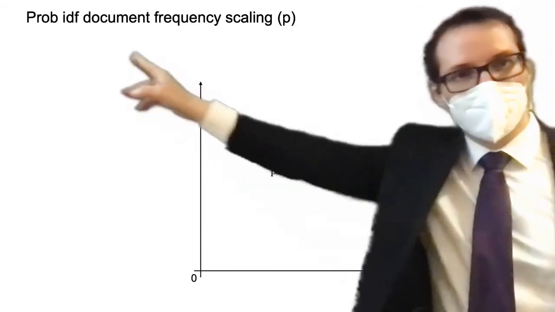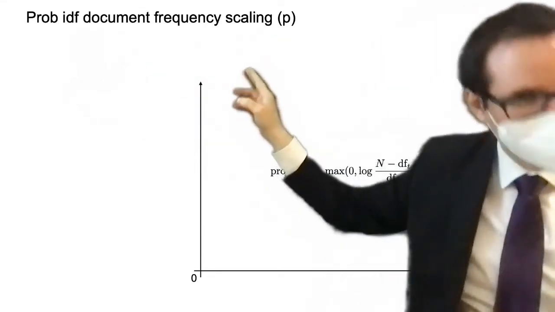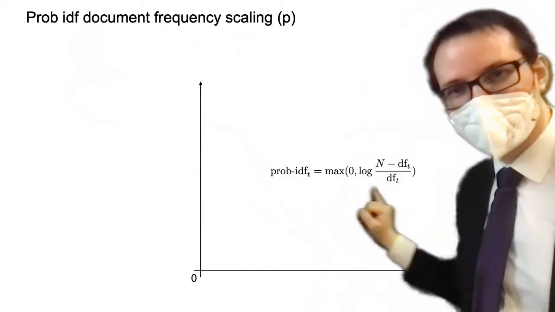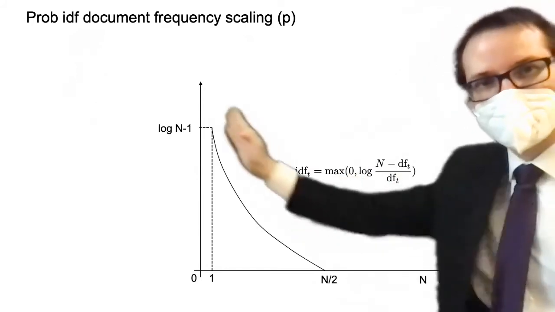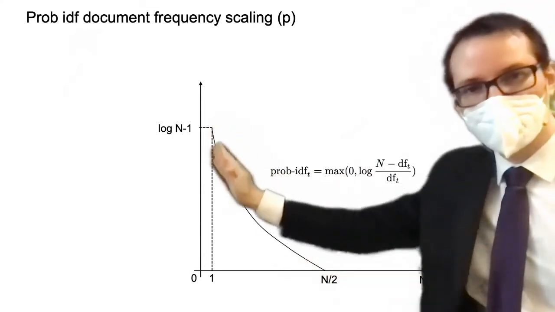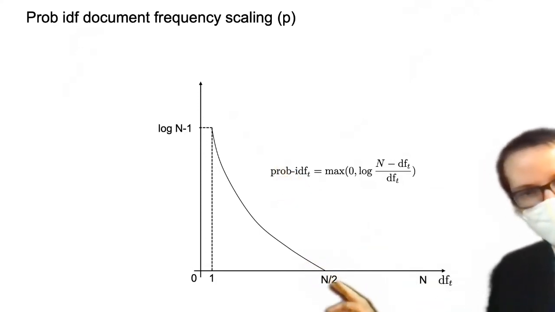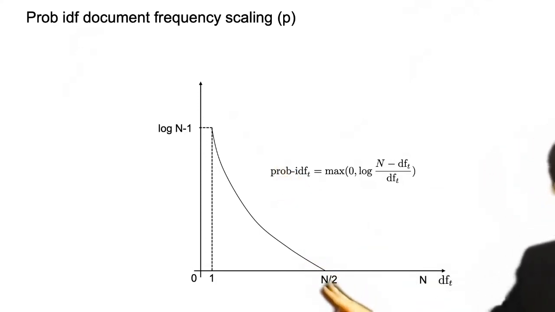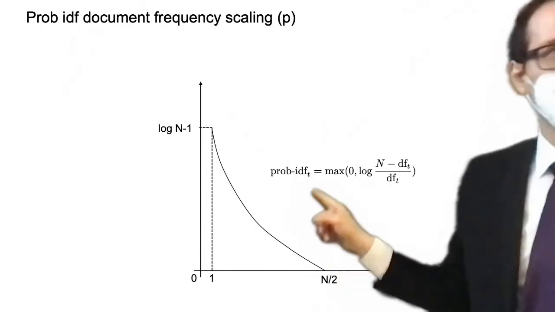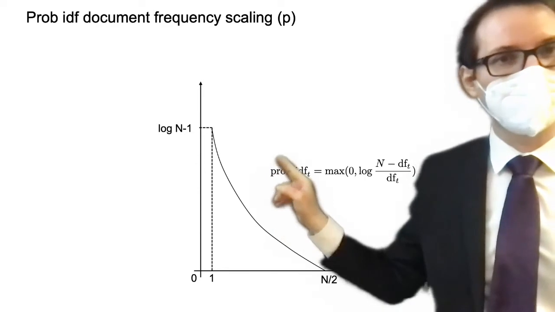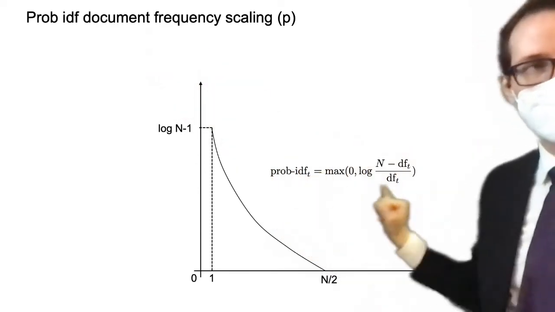Then there is what is called the probabilistic inverted document frequency scaling. This one has this maximum of 0 and the log of blah, blah, blah. This is pretty much what it does, right? It basically also goes down, but it doesn't go down all the way to infinity. It goes down and then it reaches 0 when you have half of the documents. The motivation here, we will see, I think, in 2 weeks: if you apply Bayesian and probabilistic reasoning, then that gives you weights that look like that.